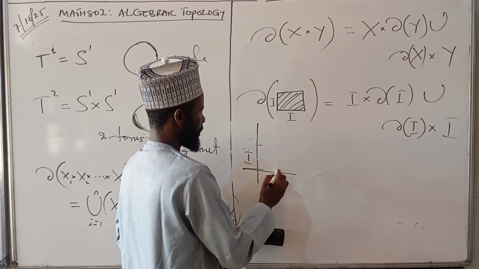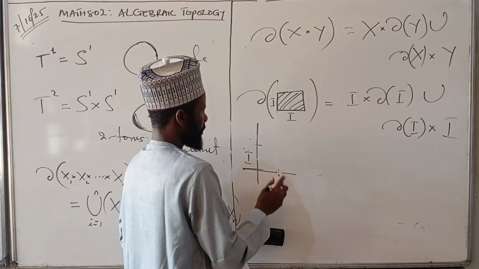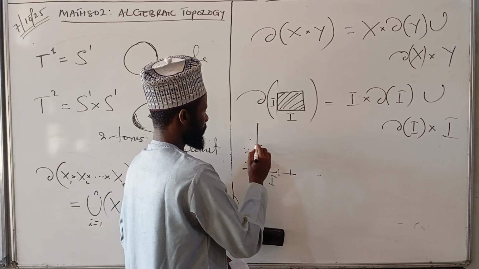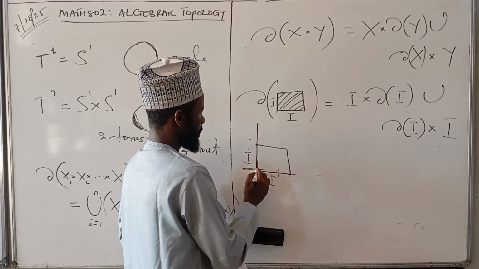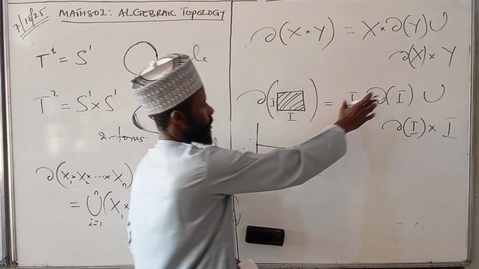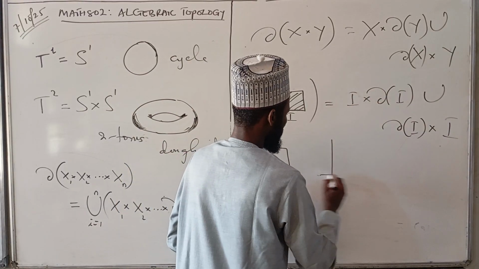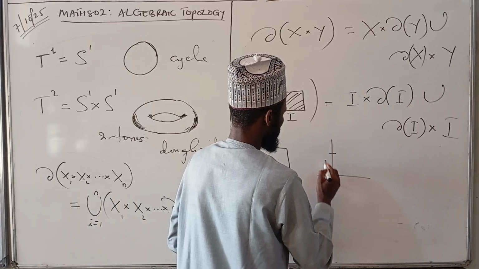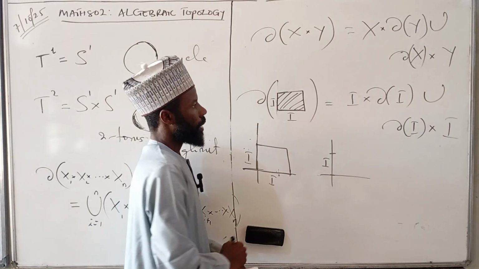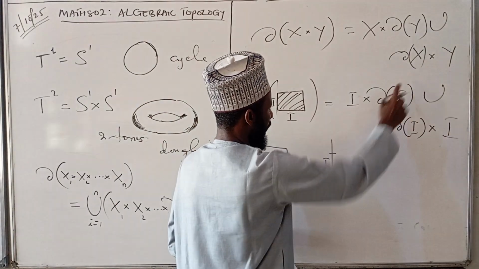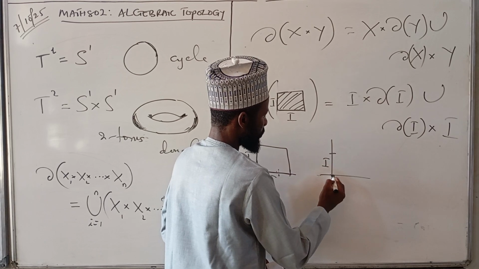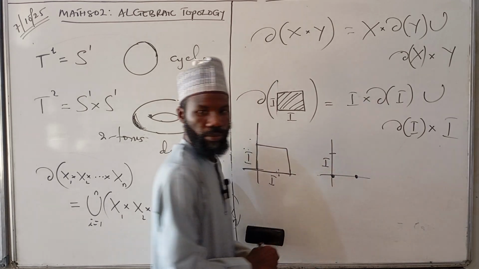So this is my first I, and this is my second I. The boundary of I in the horizontal axis will be 0 and 1.